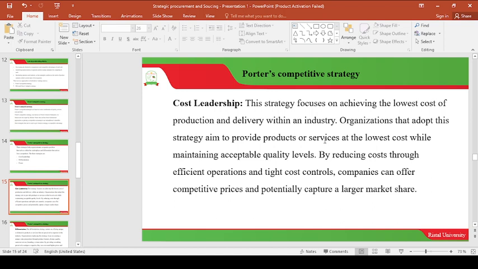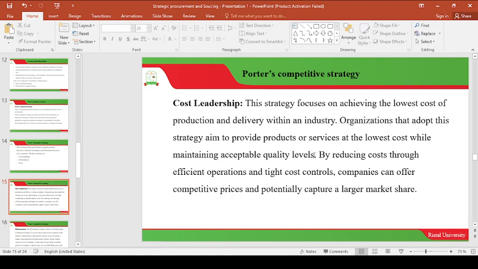Organizations that adopt this strategy aim to provide products or services at the lowest cost while maintaining acceptable quality levels. So organizations that want to use this kind of strategy make sure that they minimize their cost.